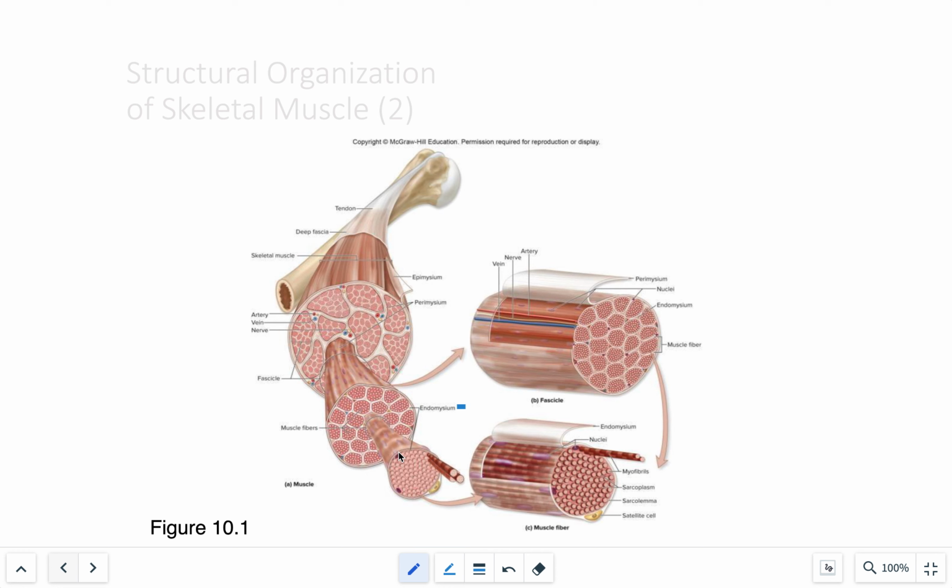It can contain a capillary network that helps supply blood to the muscle fiber and nerve fibers that control the muscle, collectively called neurovascular bundles. They also contain a component called a satellite cell, and these satellite cells are embryonic stem cells that function in repair of damaged muscle tissue.